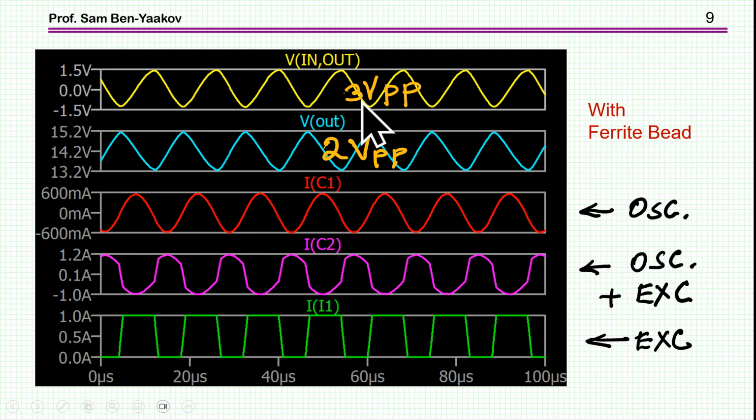Now here I have the voltage across the ferrite, that is between the input and output, and you see that across this ferrite we have 3 volt peak to peak. That's a lot. So evidently we are either at resonance or at least close to resonance because we have sort of a resonant behavior here. So what is the resonant frequency of this circuit?